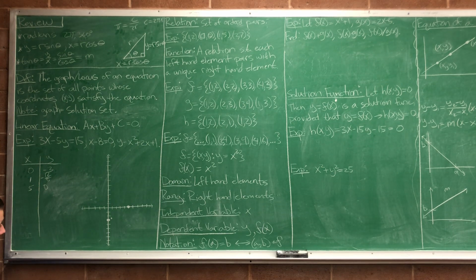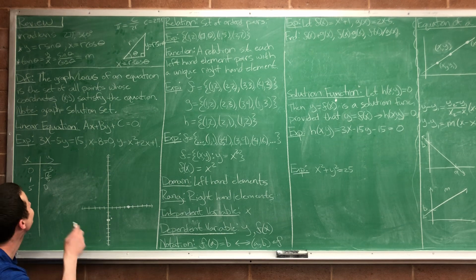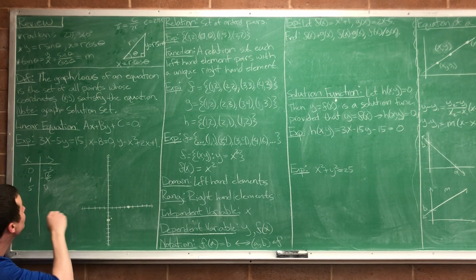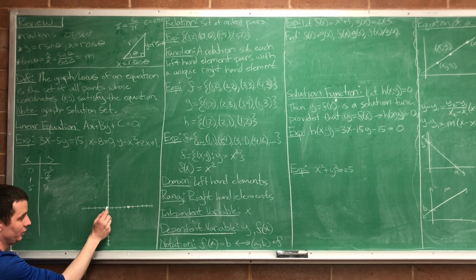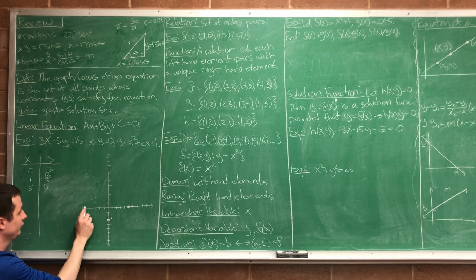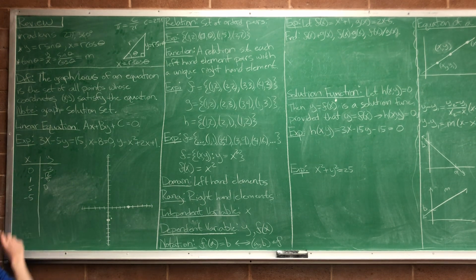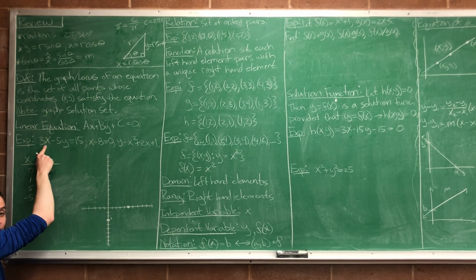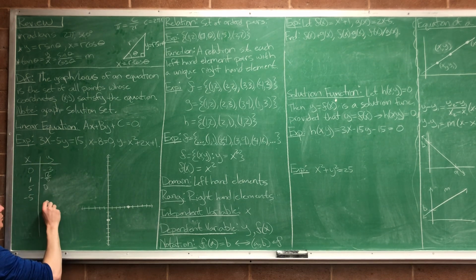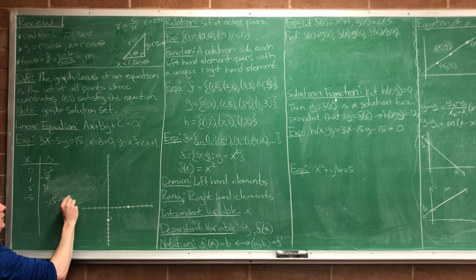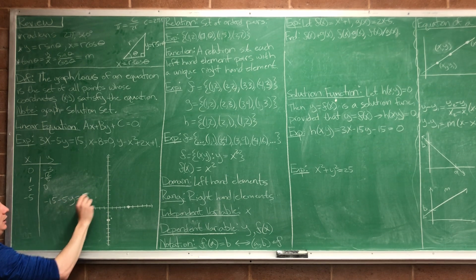And then let's see, what else will be a clean number? Negative 5? So we'll plug in negative 5 really quick. 1, 2, 3, 4, 5, oops, negative 5 up here. So when I plug in negative 5 for x, what do I get? 3 times negative 5, that would be negative 15 minus 5y is equal to 15.